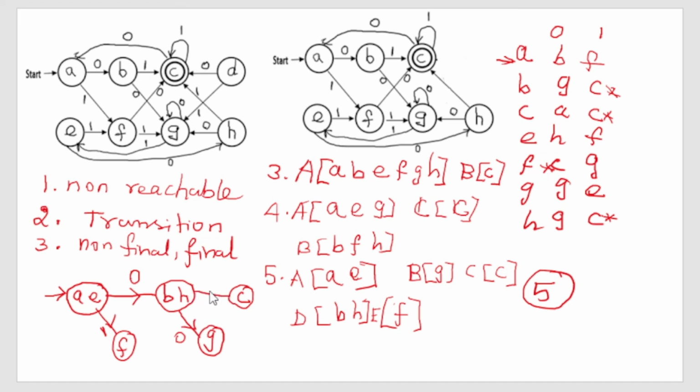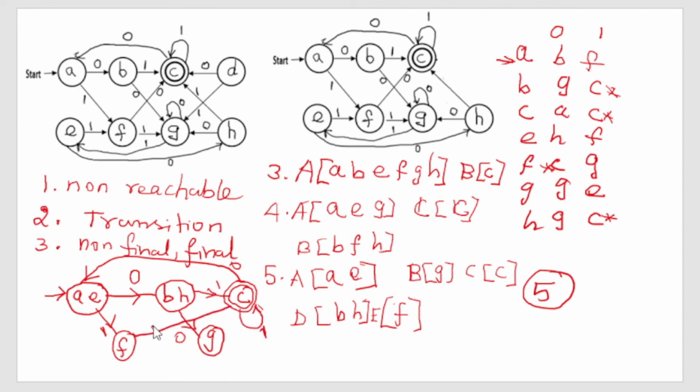And take C. For C, the transition 0 leads to the group AE. So this is the 0 transition, and the transition 1 leads to the same group. So let me make this with a looping 1. So the transition 1 leads to the same C.